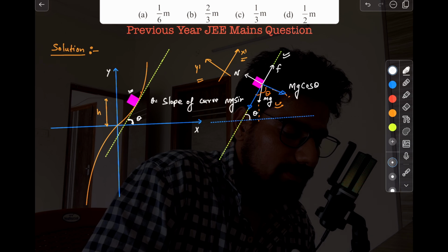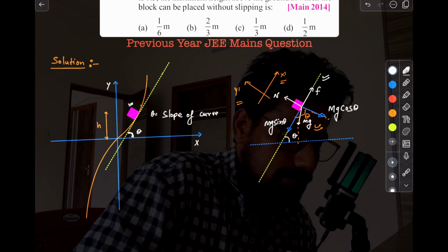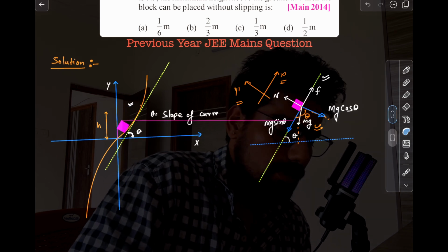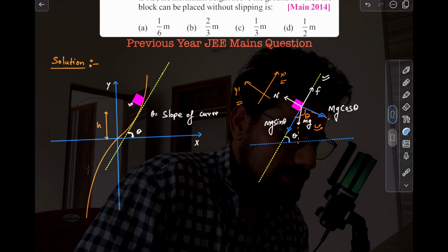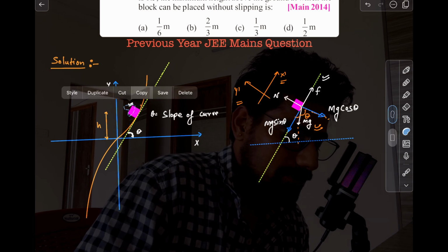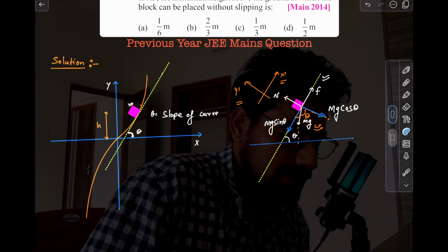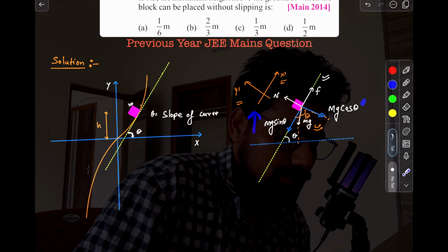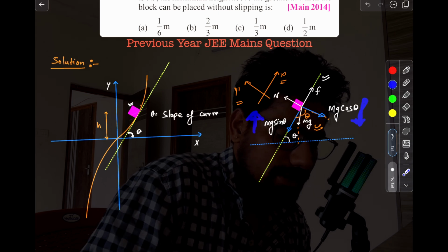Now let's come to the condition of maxima. What is happening? We are increasing this height gradually from here. We know that when we go in the upward direction, theta is going to increase, as we can see in this diagram. Because of that, the mg sin theta component is going to increase, and the mg cos theta component is going to decrease.